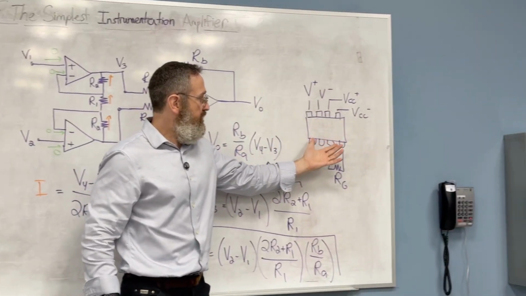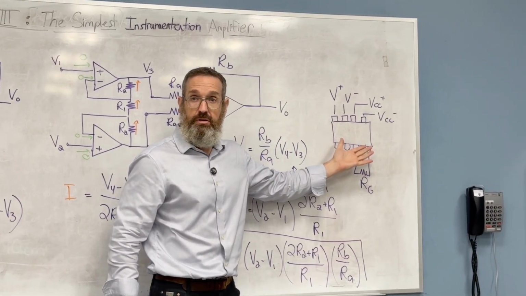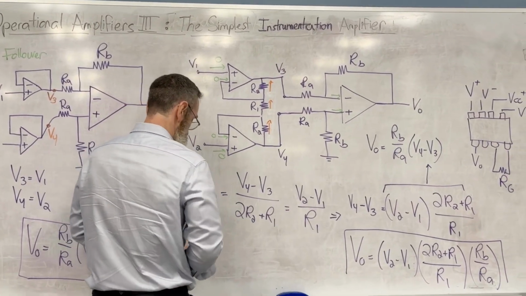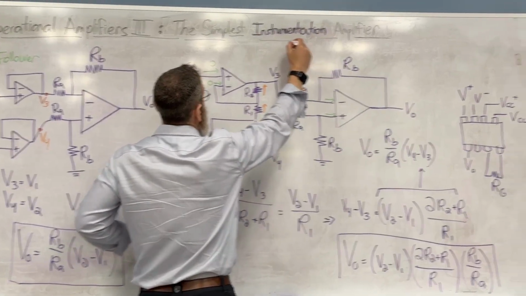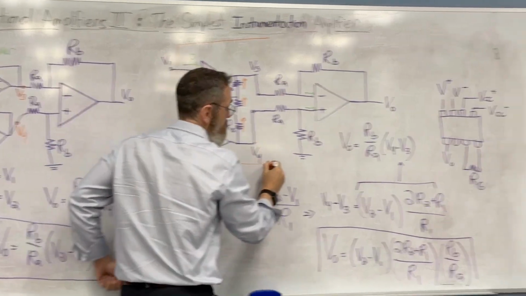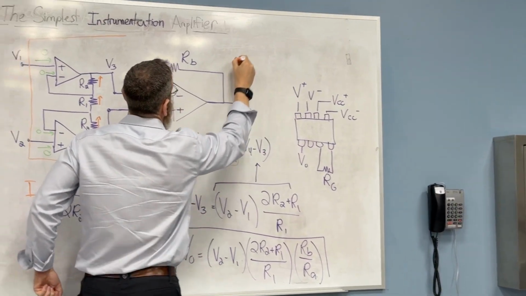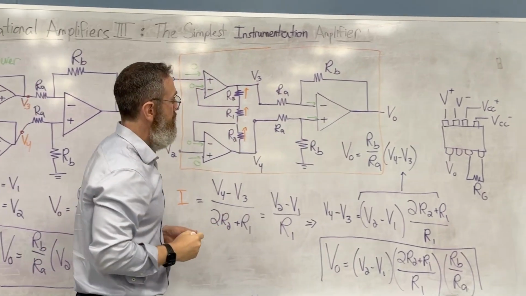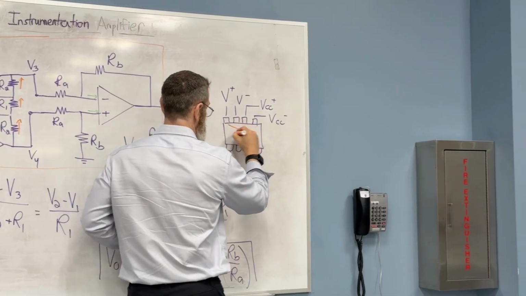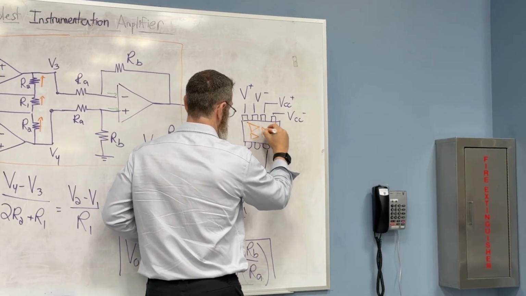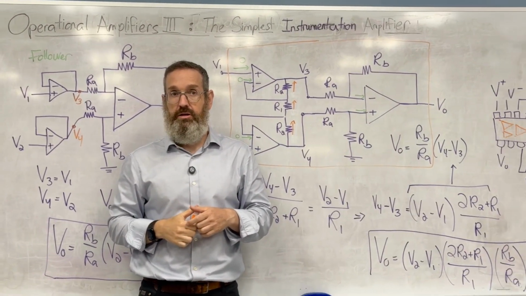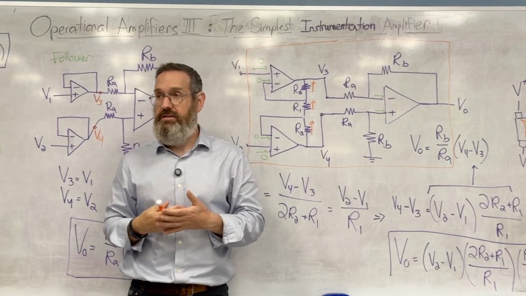So what you need to understand is that inside this chip, someone already built, let's see if I can draw it, this chip is all of this. This chip has inside of it 3 op amps, effectively, because engineers are lazy.